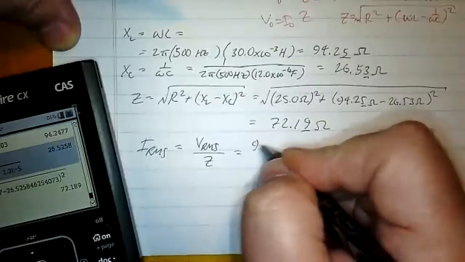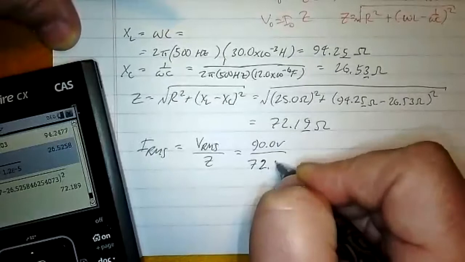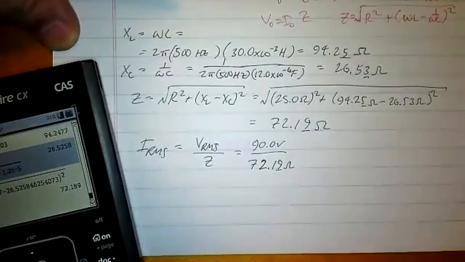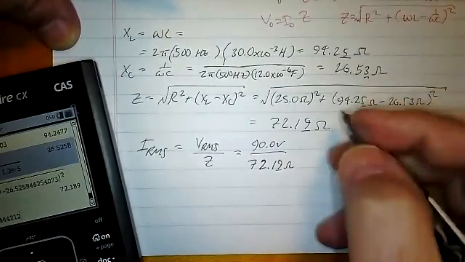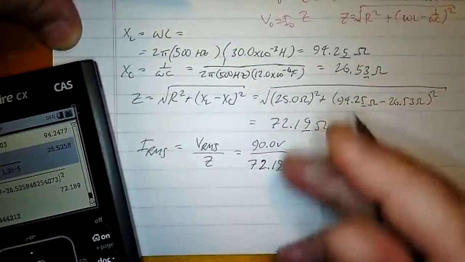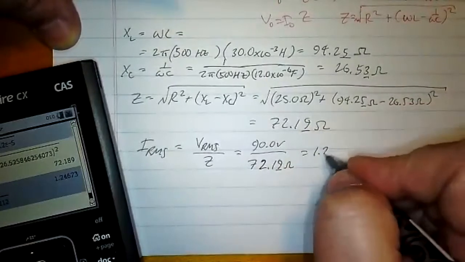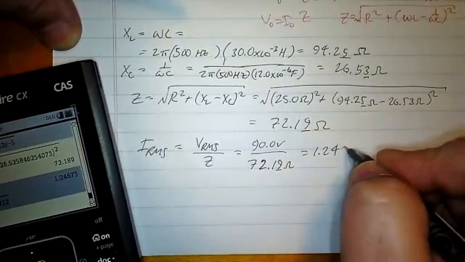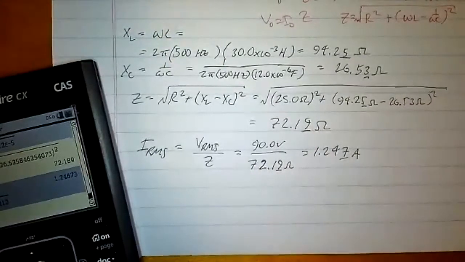So I'm going to take the 90.0 volts and divide it by 72.19 ohms. And that'd give me 1.247 amps. Okay, so about 1.25 amps.